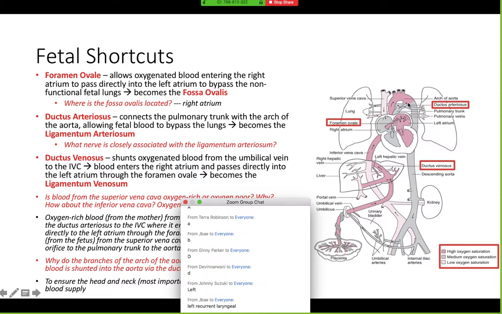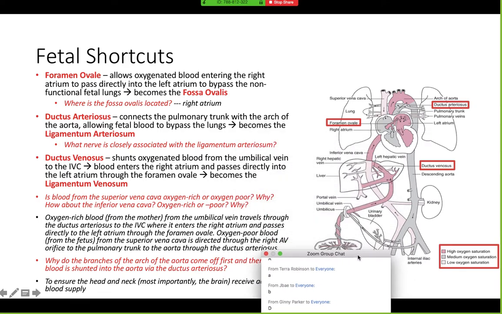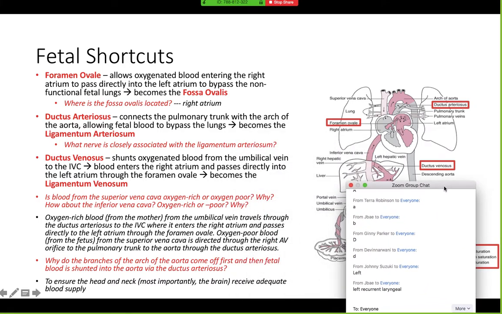Ductus arteriosus becomes the ligamentum arteriosum, and then the left recurrent laryngeal nerve is associated with the ligamentum arteriosum. So big connection there.